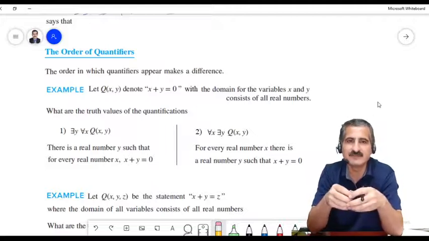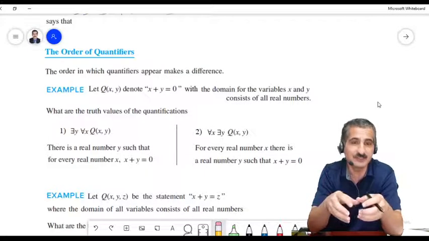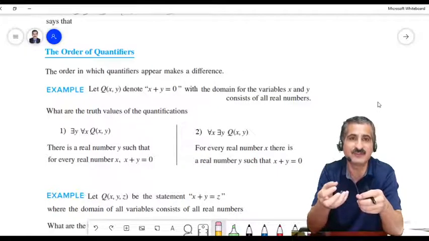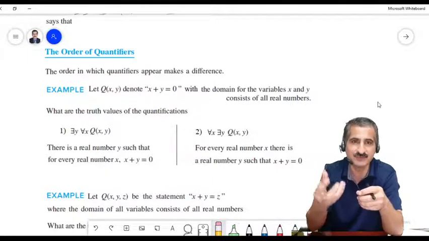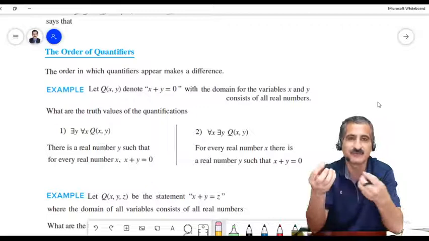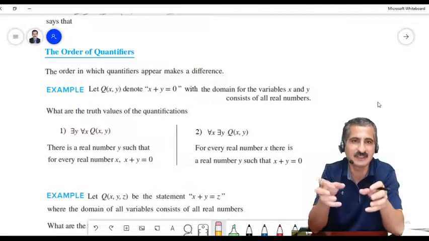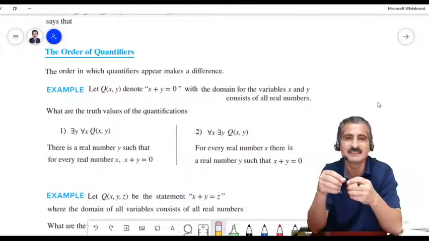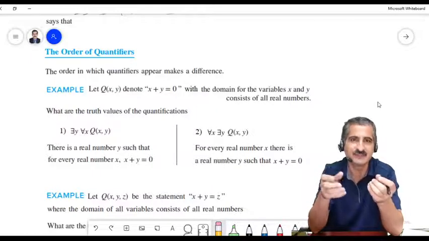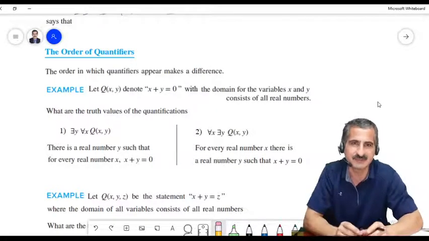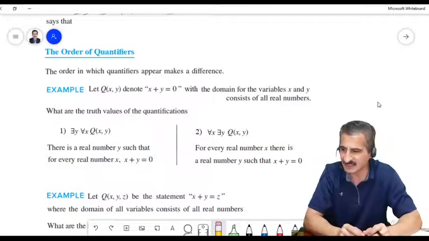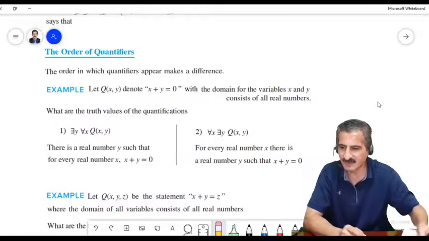But if the nested quantifiers are all of the same kind, for example all universal, then the order does not matter. Or if they are all existential quantifiers, then the order does not matter. To make what I'm saying clear, let's see the following example.